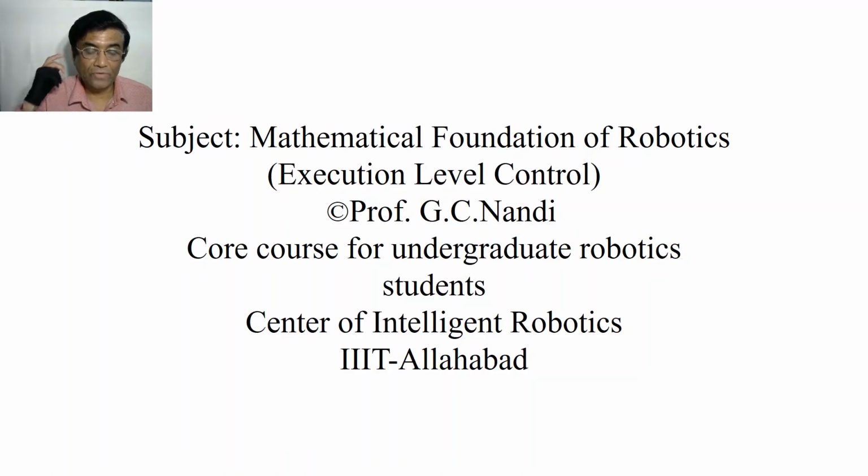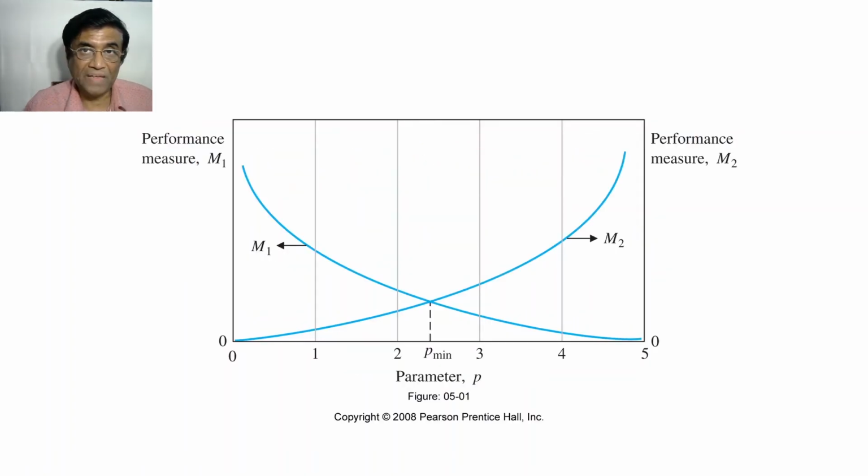So, today we are going to continue our discussion on execution level control in the subject mathematical foundation of robotics. Okay. So, if you remember, earlier we discussed the second order system because that is very common in modeling a control system, right?